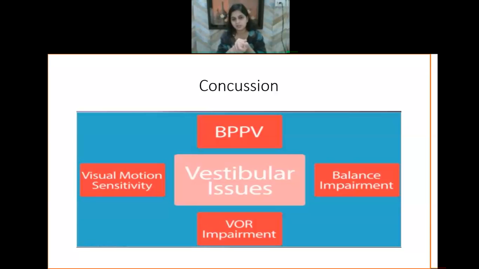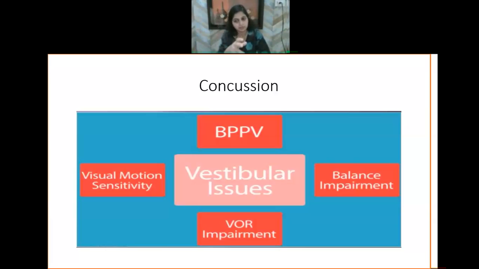Many years back, just rest after concussion was advisable, but now they say vestibular rehab is very effective in concussion management. In concussion, 50 to 70% get symptoms of dizziness. It's the second most common symptom of concussion, and may be related to the vestibular system.